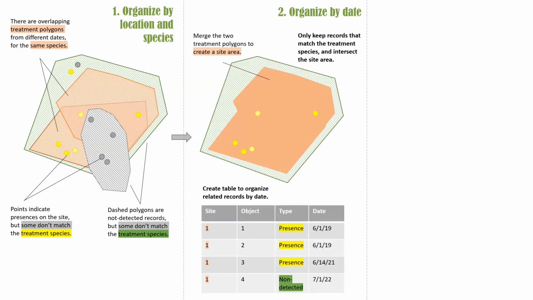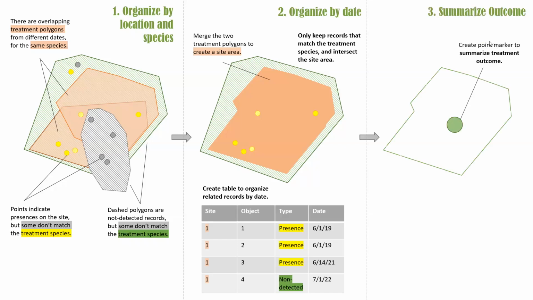Then we want to look at the dates. You can only really interpret what's happening at this management site if you understand when everything happened. So you sort all of the records, categorize them by type, and categorize them by date. And then lastly, we summarize the outcome by creating a simple point marker where that site is.